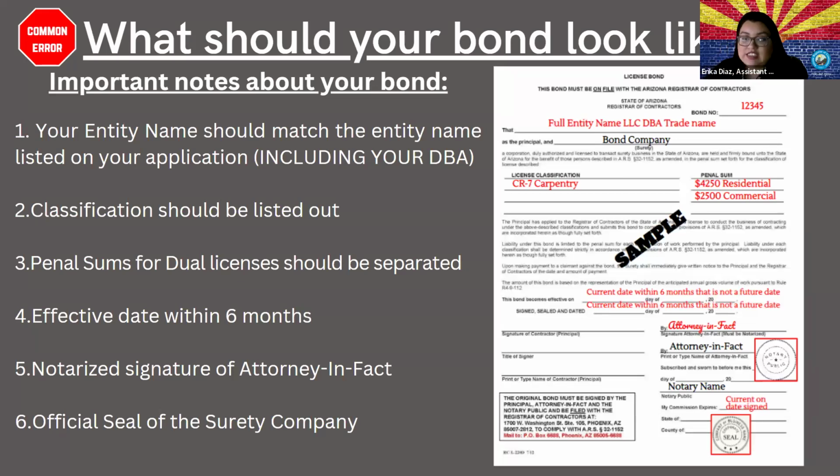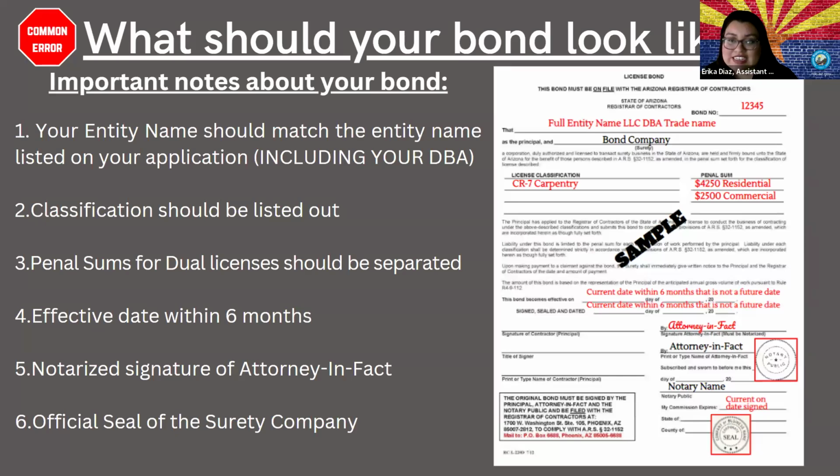So now this is the biggest one, the penal sums. If you have a dual license, like that example shows, we need those amounts separated. We need to have it outlined what is residential and what is commercial. Those items need to be listed out that way, so we know you are meeting minimum requirements for your bond and that license classification.